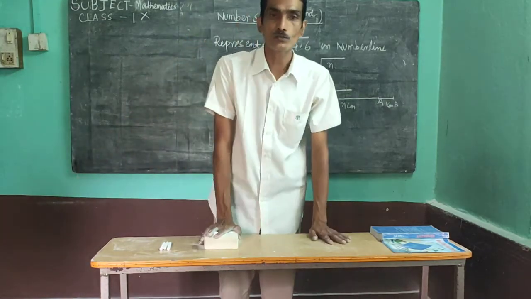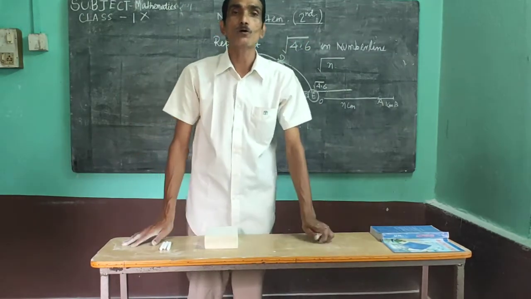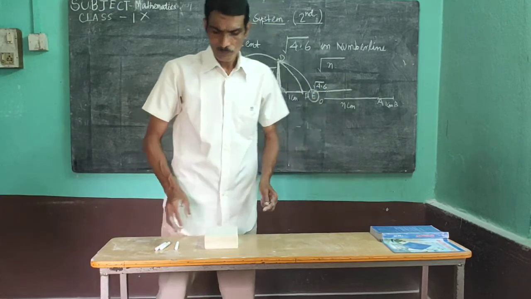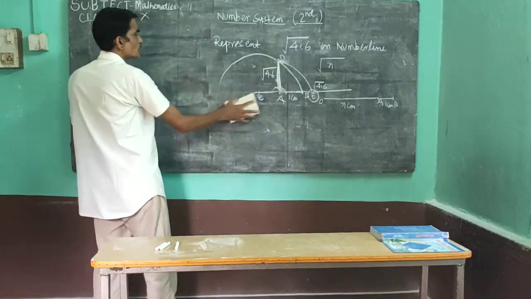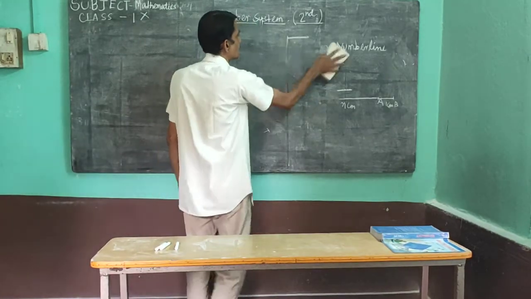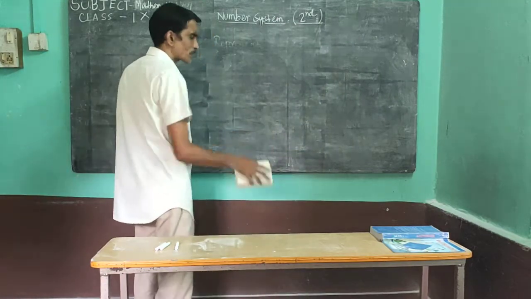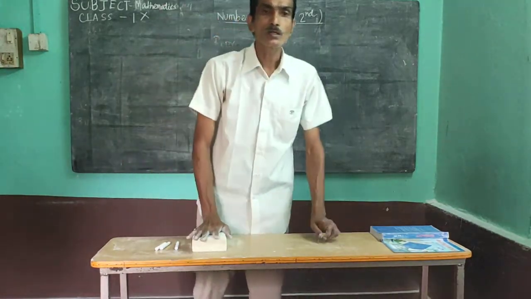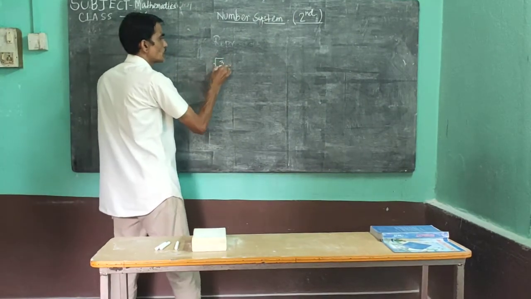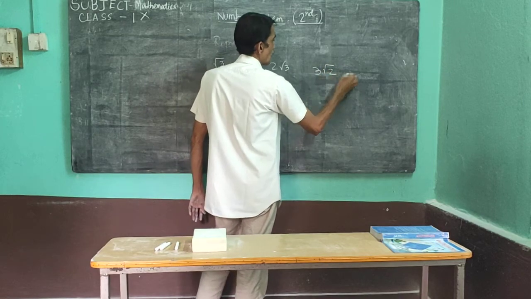I hope you understood this concept also. And the third one, what I told, the operations on irrational numbers, is very important. That means we have to do addition, subtraction, multiplication and division of irrational numbers. For addition and subtraction, you have to first see which are the like terms. For example, root 3, 2 root 3, 3 root 2 and 5.